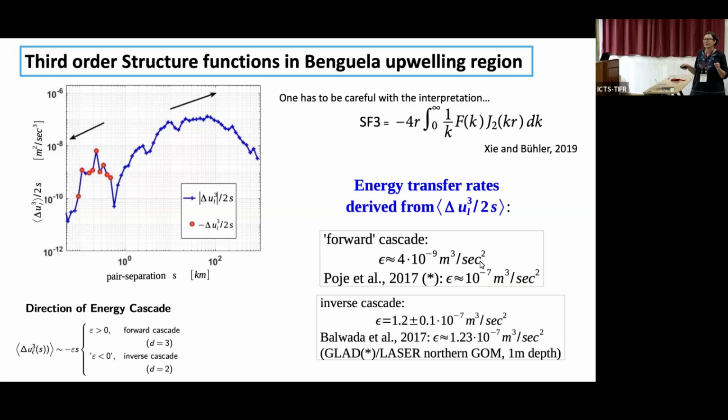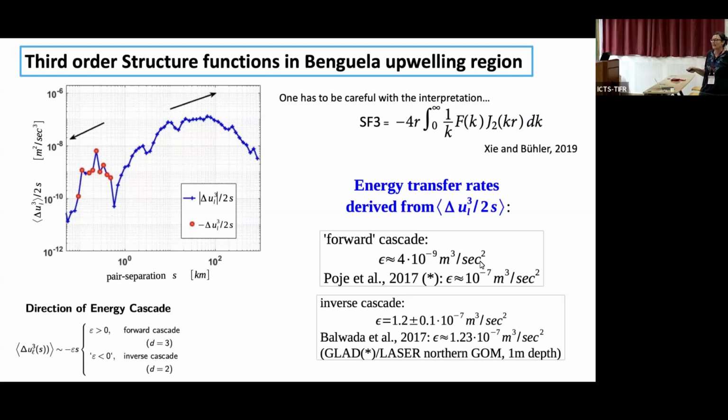And for a forward cascade, you would expect a negative plateau. This is actually plotted here with a minus sign, so this is actually negative. And yeah, this is what we are getting. So arguably, you can say we do get this plateau for those two places.